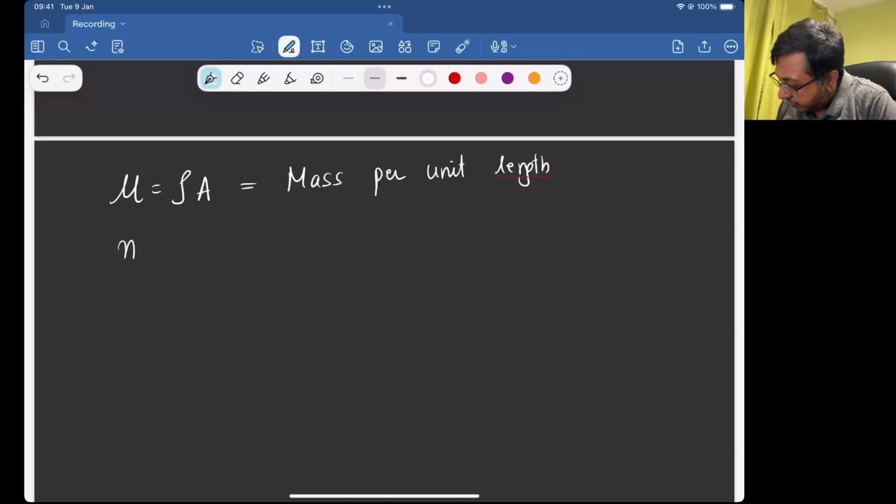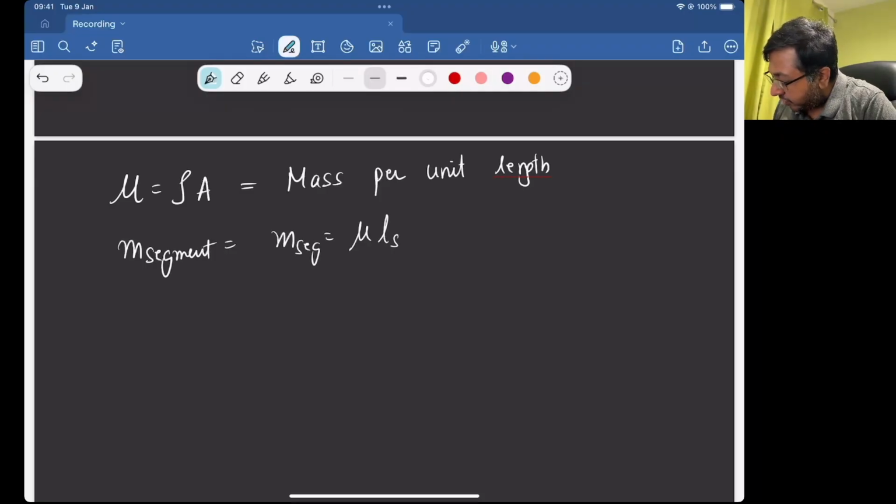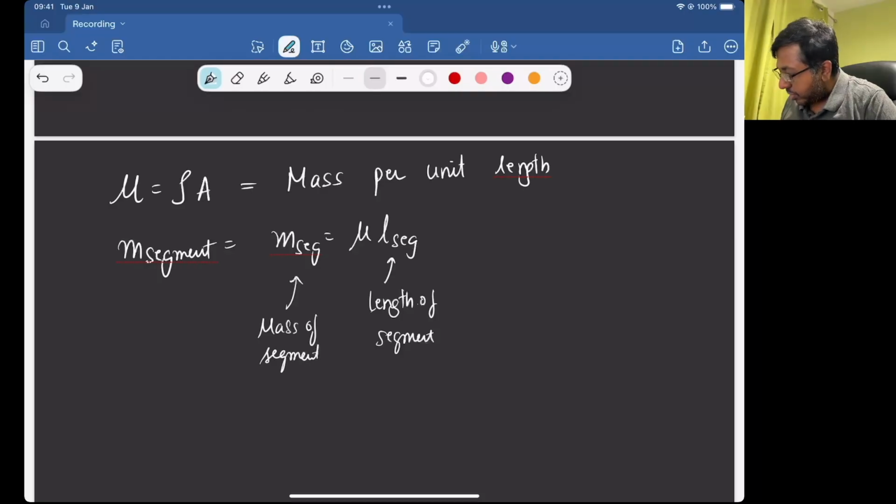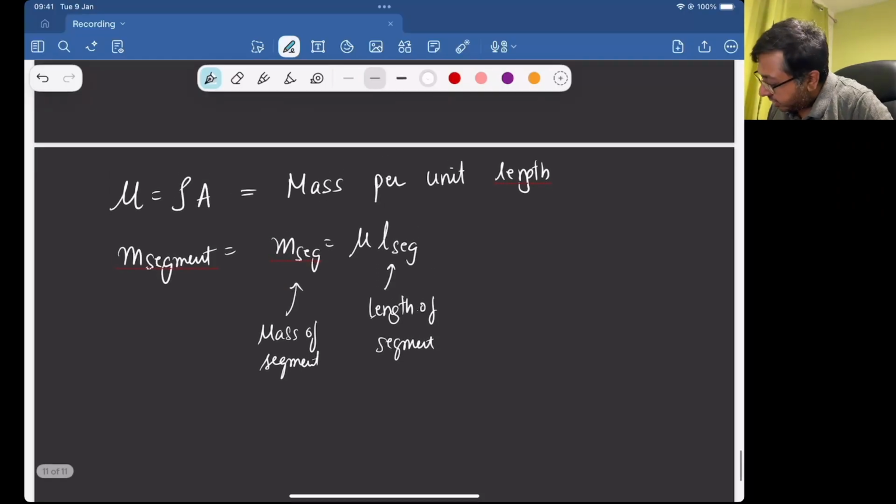That means the mass of each segment, which I'm going to write as m seg so that I don't have to write it out, is nothing but mu times the length of the segment. And we have said that the length of the segment is L by 3, where L is the length of the beam.